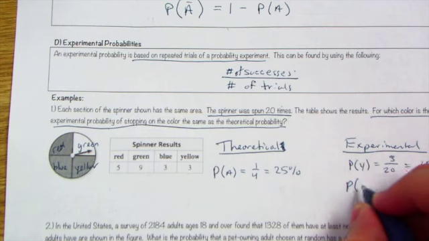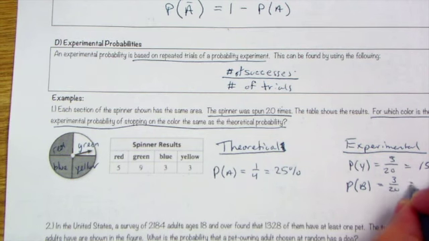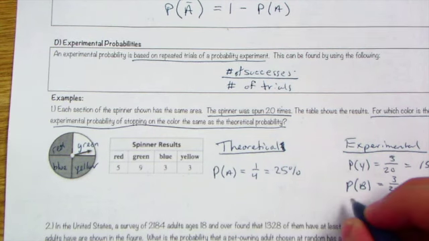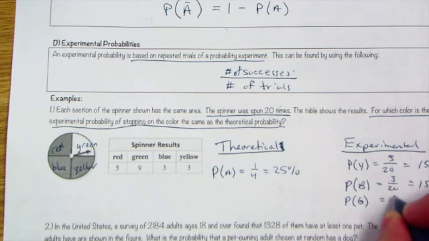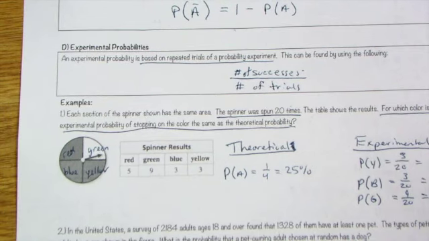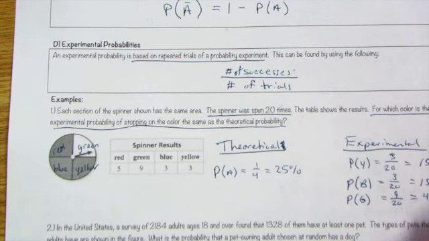The probability of getting blue is also 3 out of 20, which is also 15%. The probability of getting green is 9 out of 20. I mean, this is all experimental. This is what you actually got. 9 out of 20, which is 45%.